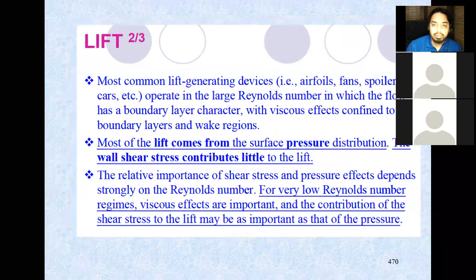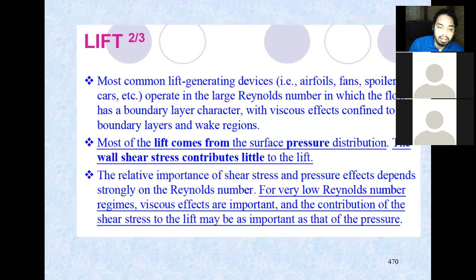The most common lift generating devices are, for example, airfoils, fans, turbines, and spoilers on cars. They operate at large Reynolds numbers, so the flow will be turbulent, and the viscous effect is confined to the boundary layers and the wake regions downstream.